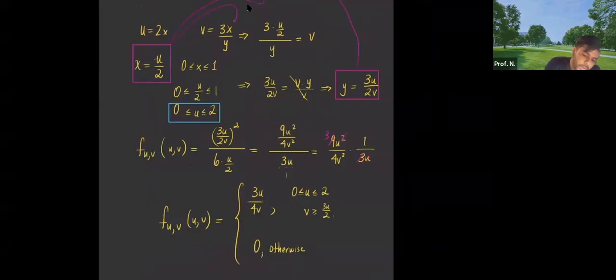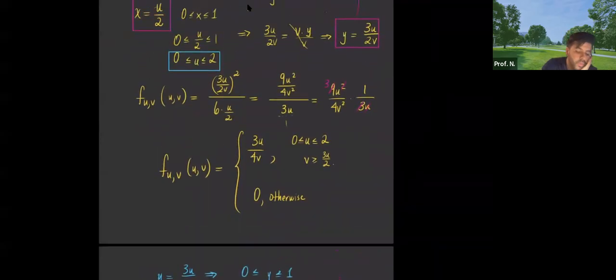So u can be as big as 2, and then what's the maximum that v can be? V has to have a maximum because y can be as big as 1, and u can be as big as 2.